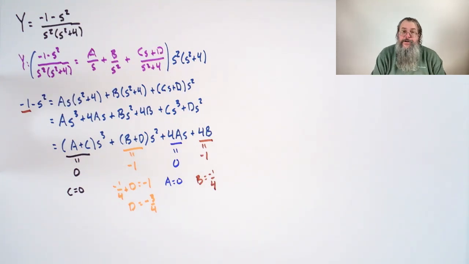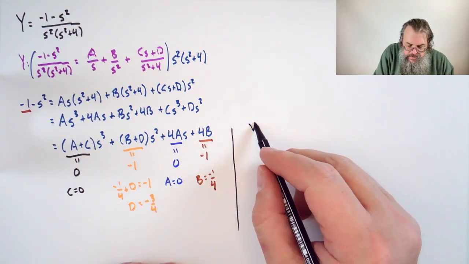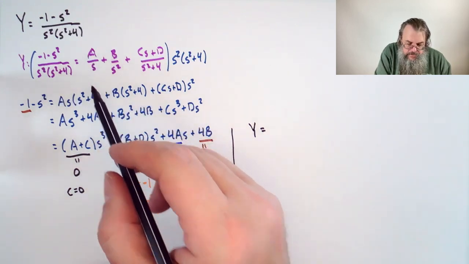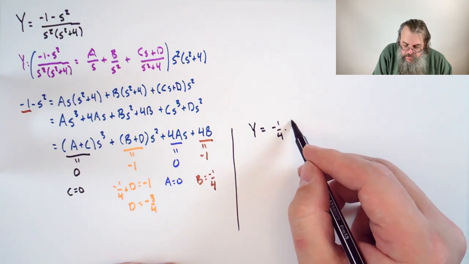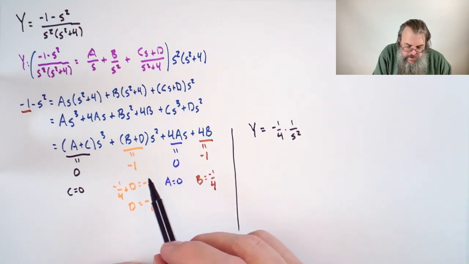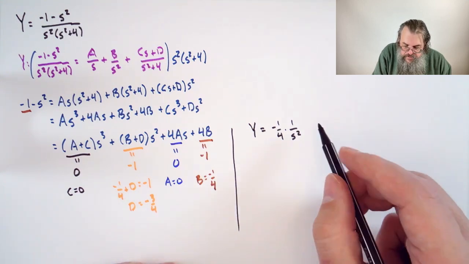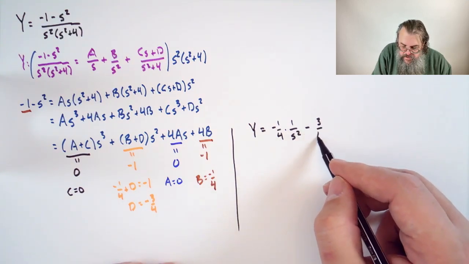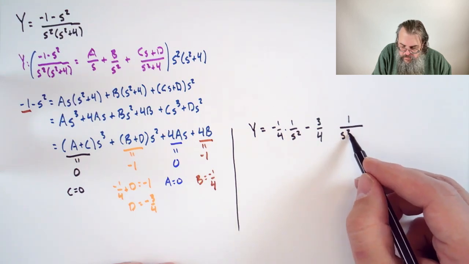Now we have our d, so we're ready to write up our y. What do we have? We have that Y is equal to a over s, which is 0, plus b over s², so minus 1/4 times 1 over s², and then we have our (cs + d) over (s² + 4). Well, c is 0, d is negative 3/4, so minus 3/4 times 1 over (s² + 4).